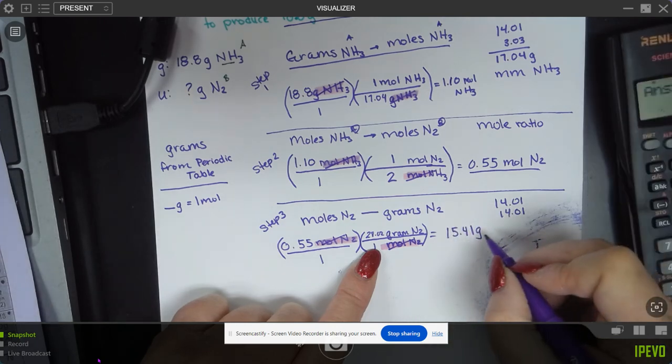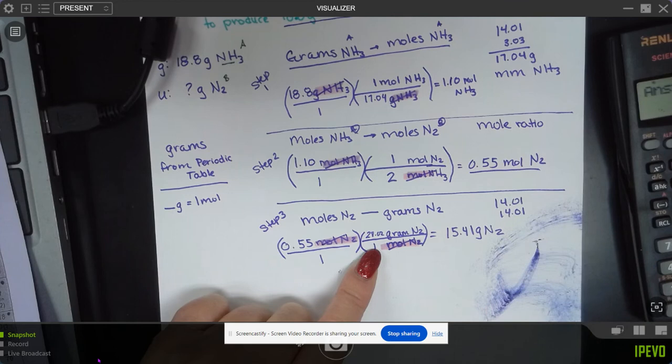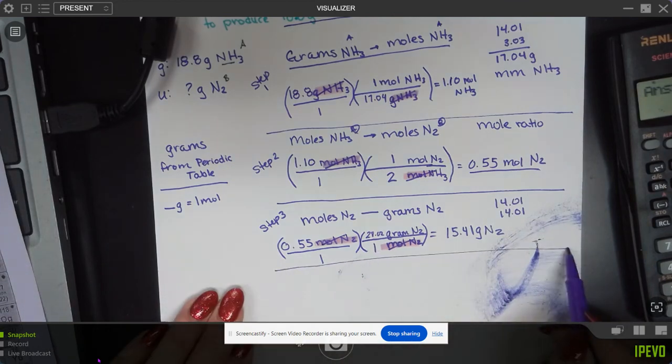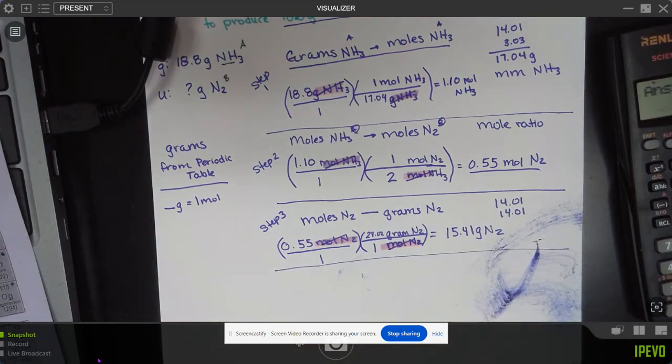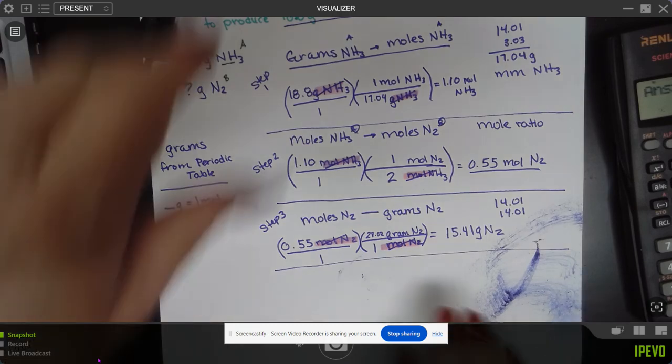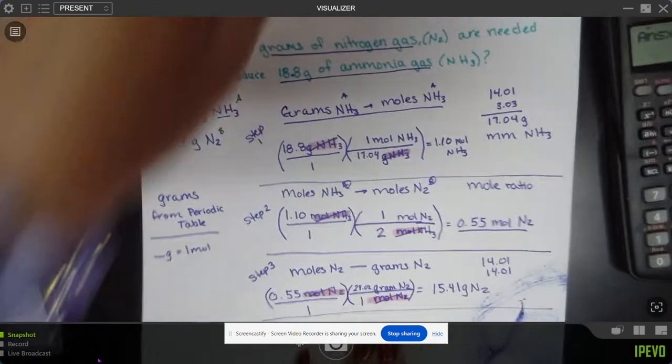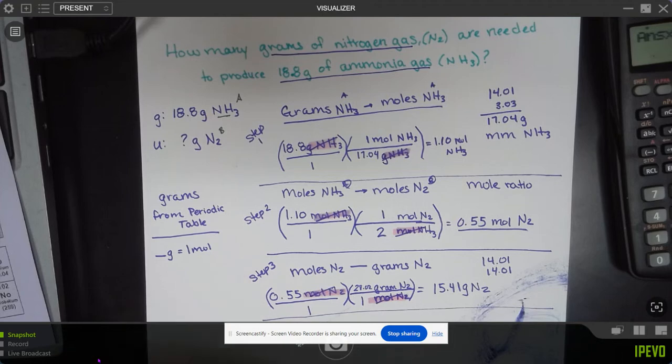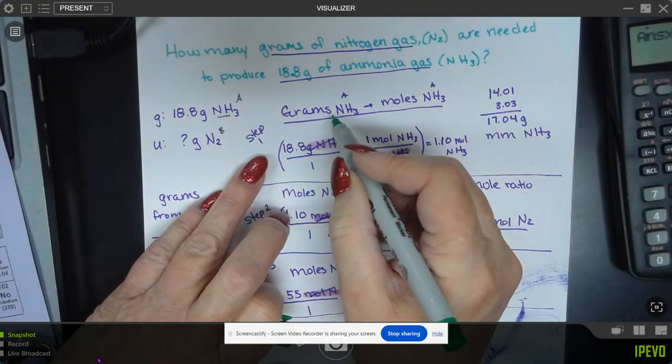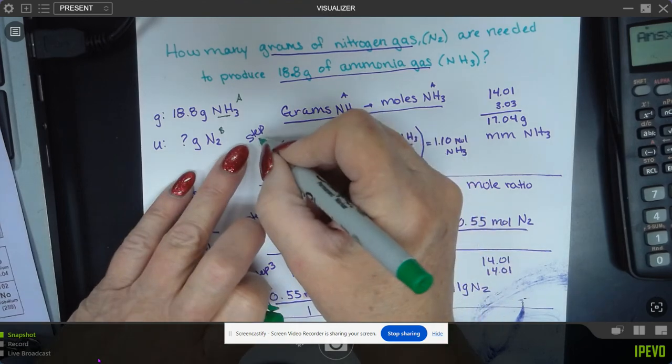Now, here's the thing about this. No matter what you're doing, if you can figure out where to start: if you are given grams, you're going to start at step 1.